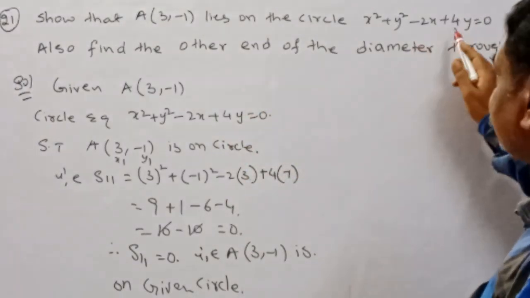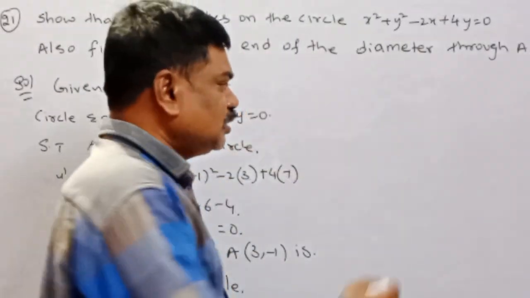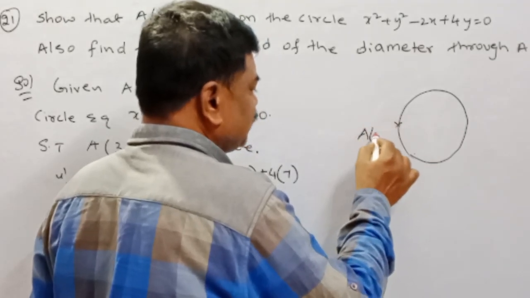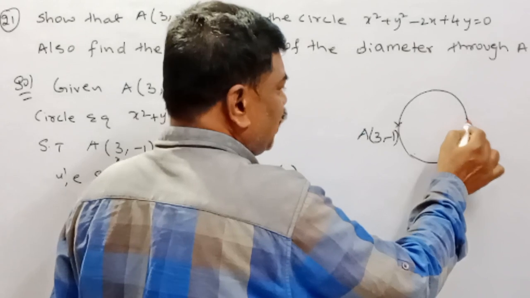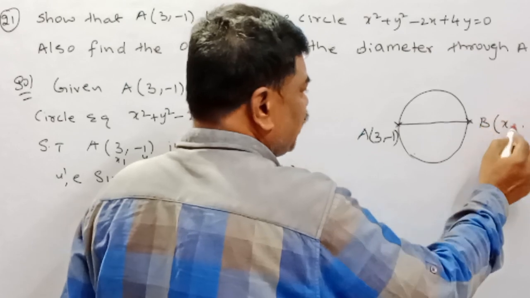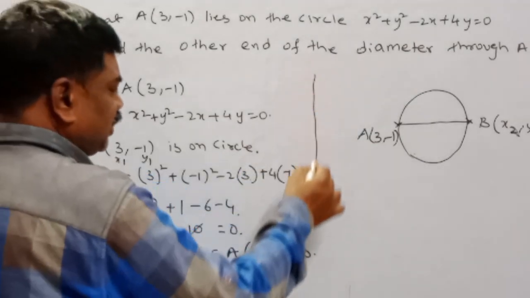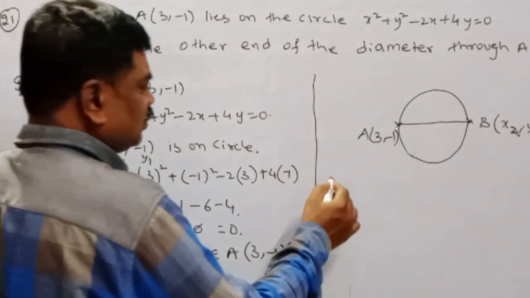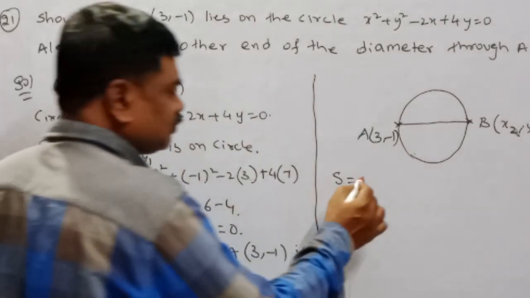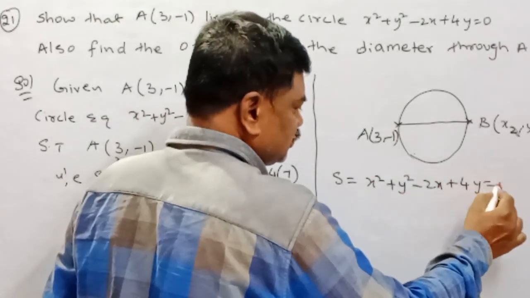We have to find, after that, the other end of the diameter. This is the circle equation, this is the point (3, minus 1), and we take the other end as (x2, y2). So what is the center of the circle? Given S is x square plus y square minus 2x plus 4y equal to 0.